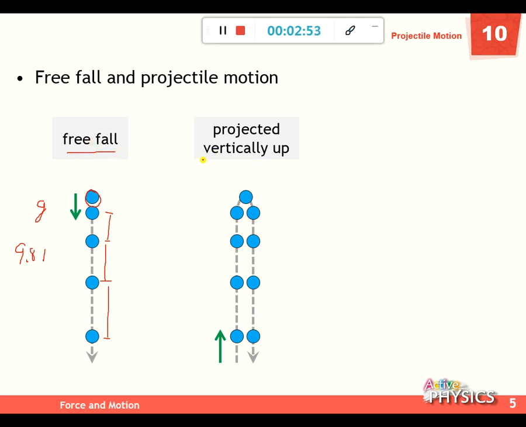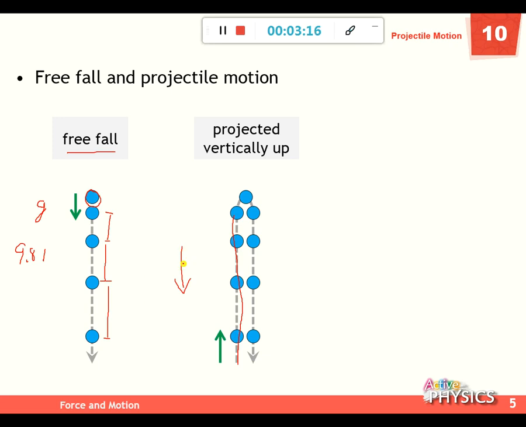And also in the previous chapter, we know that we can project an object upward and then it will go back. Look at this. In this path, it will go up with deceleration. The deceleration should be 9.81 if you say that downward is positive.